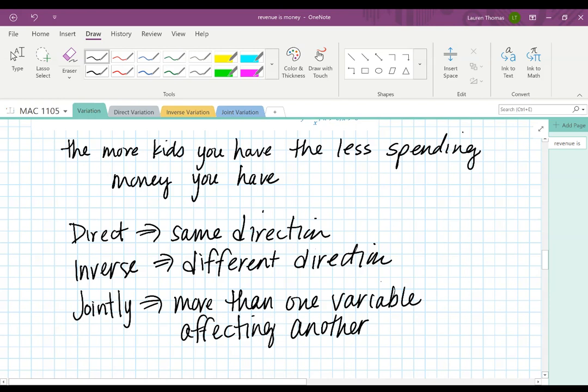If you ever have a problem with joint variation, you could have two variables that are directly affecting another one, or ones that are inversely affecting it. You could have two direct, two inverse, or a direct and an inverse. It just means you have a combination of variation happening in that problem. All right. Awesome.